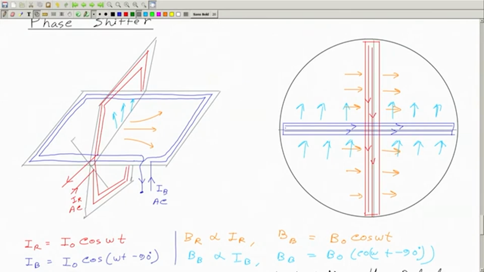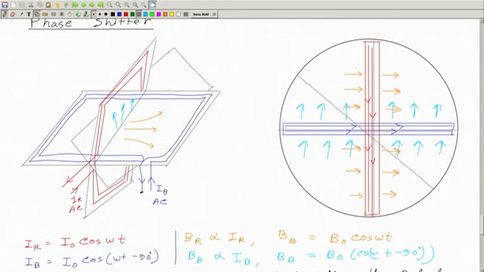This will go like this behind, and this is the plane. I am possibly not very good at this drawing. So this third plane is like this.